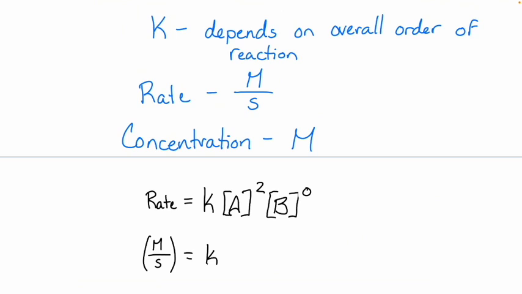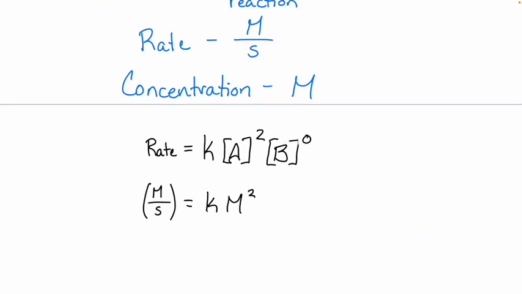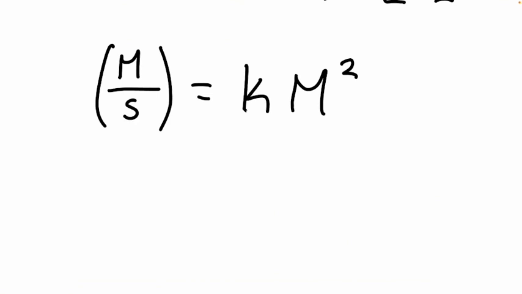I know my concentration of A has to be in units of molar, and that gets squared in my rate law. And I know B has to be in units of molar, but that gets raised to the power of 0, which means it's 1. K's got to be there to make sure that whatever this product is has the units of molar per second.